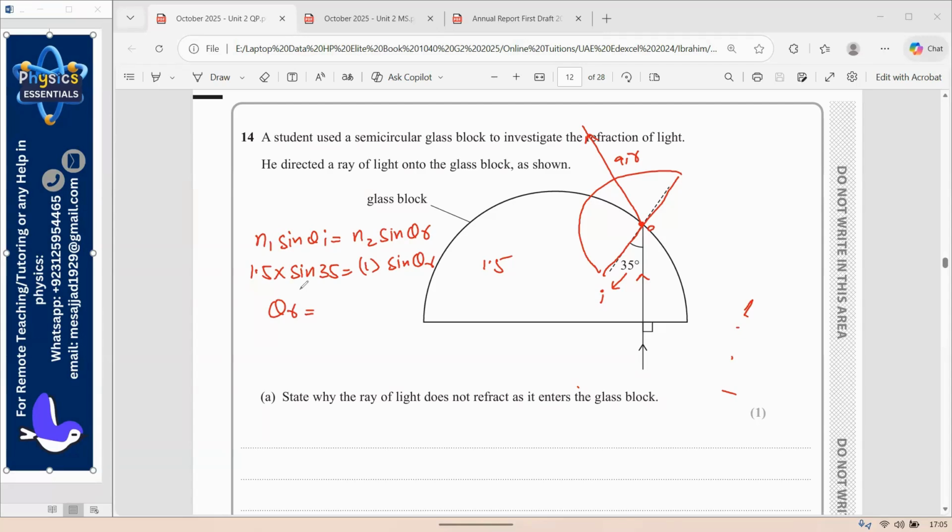When we do the calculation, it is going to be 59.35. Since your angle is in two significant figures, your answer should be rounded off to 59 only, right? So this should be your answer.